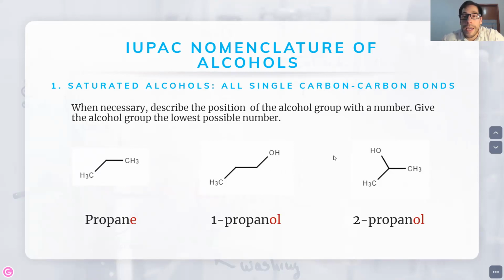But when we have the OH in the middle, for example, on the second carbon, we have to call it 2-propanol. So these two are isomers of the same formula, but they have a different connectivity. That's why we have to specify 1-propanol or 2-propanol.